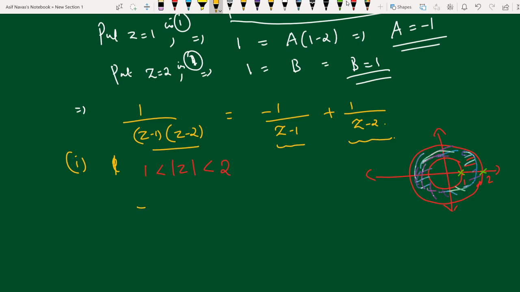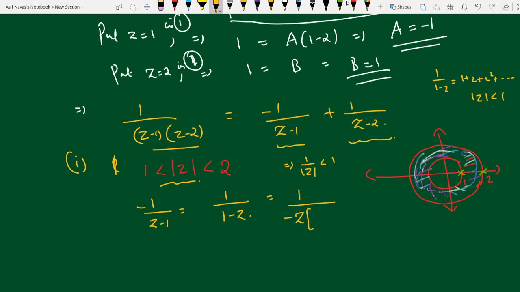First, minus 1 by z minus 1 can be written as 1 by 1 minus z. 1 by 1 minus z has the series expansion 1 plus z plus z square plus etc. when mod z is less than 1. But here mod z is always greater than 1, which implies 1 by mod z is less than 1, so we will take z outside.